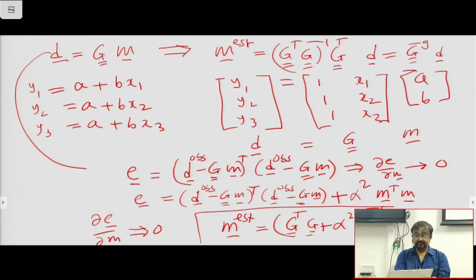Now all that this is doing is adding a small number alpha squared to the diagonal part of the GTG matrix. And this is called damped least squares.